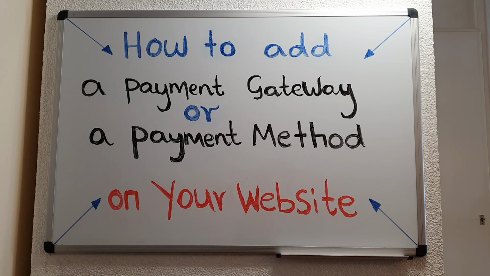Now, step 5 on how you can add a payment method on your website is to create a merchant account, and this is the last step. What do I mean? After you have set up the payment gateway, you need to create a merchant account and link the payment services with it.